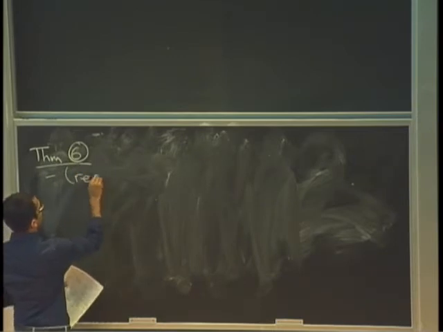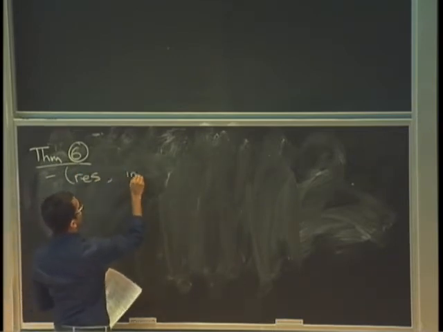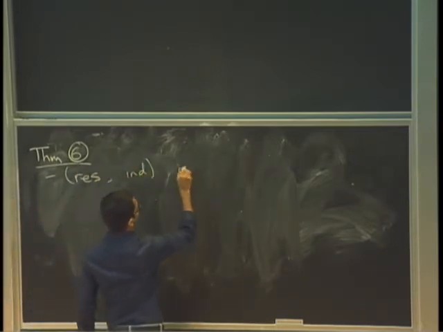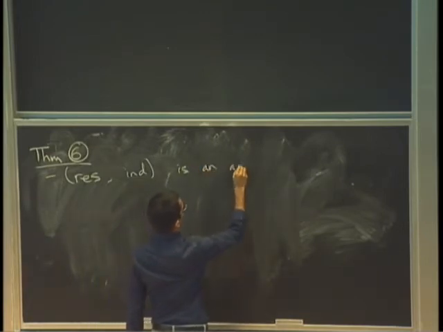So here's the very first fact that we need. I'm going to try to number my statements consistently with yesterday. I think the last numbered statement yesterday was 5. So theorem 6 is this. We need some basic facts about induction and restriction. The first thing is that restriction and induction are an adjoint pair.